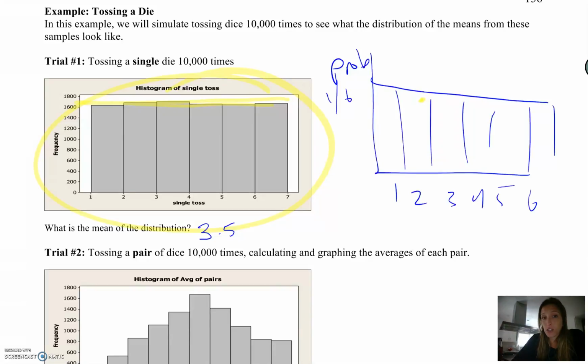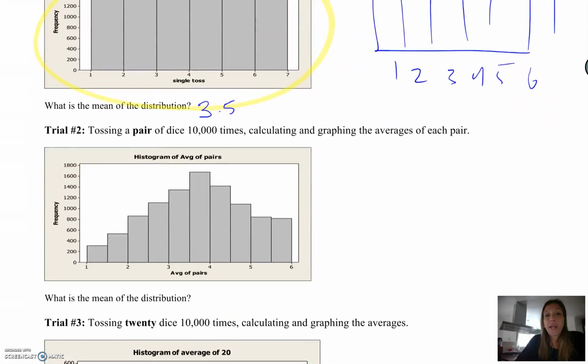Now, things change if you change your sample size. A single outcome will look like its population outcome with some added variability because it is a sample. But if we're talking about a pair of outcomes and then averaging that pair, it's going to be a lot harder to get a 1 or a 6, because a pair of dice averaging to 1 means we rolled snake eyes.